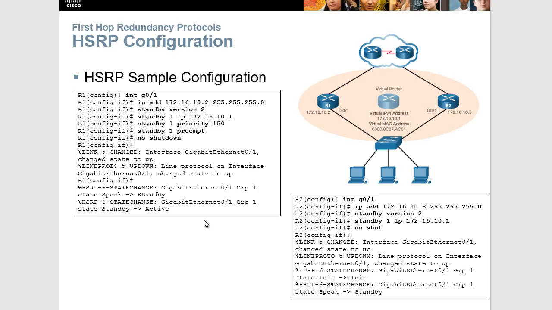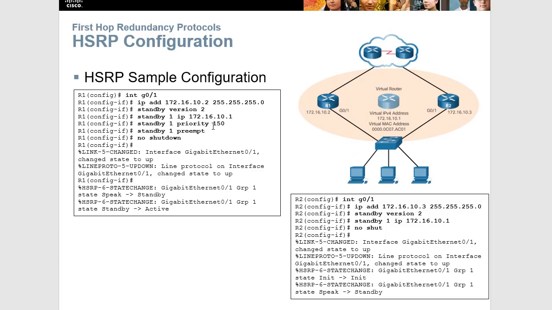Okay, we go over to router 2, same thing. Go to the interface, give it an IP address, standby version 2, group 1, standby 1 IP, and so on. Of course, this standby IP is going to be the same, because this is the virtual IP address that both of those routers share.